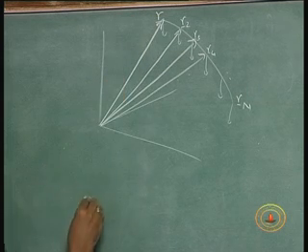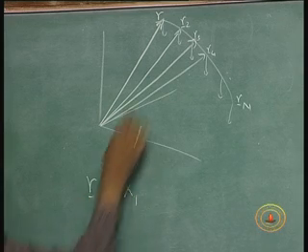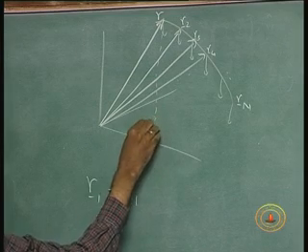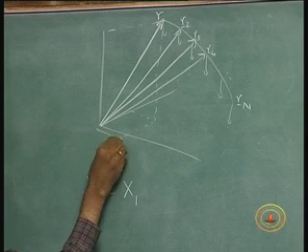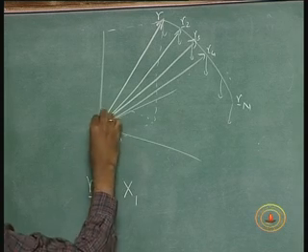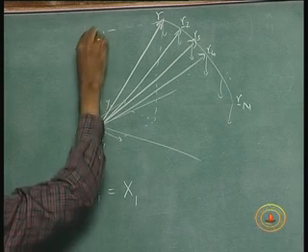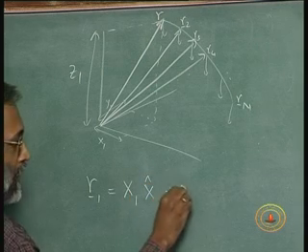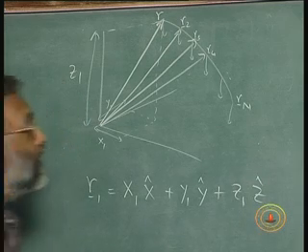So if I look at R1, it is really x1. So it is this distance x1, this distance is y1, this distance is z1. So it is x1 along x direction plus y1 along y direction plus z1 along z direction.